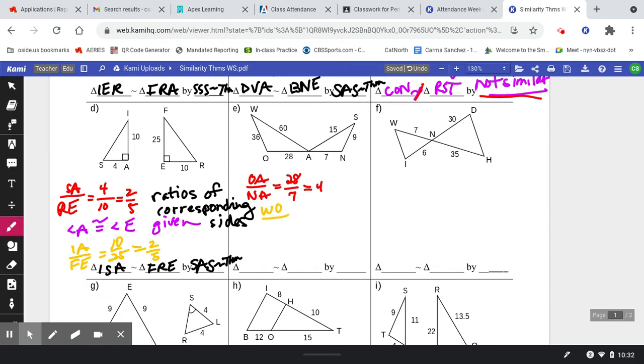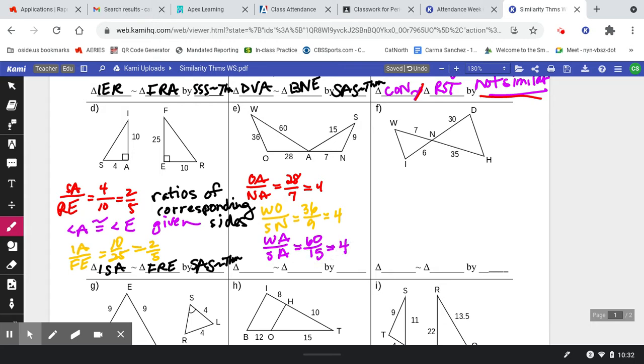WO compared to SN is 36/9. And finally, WA to SA is 60/15.